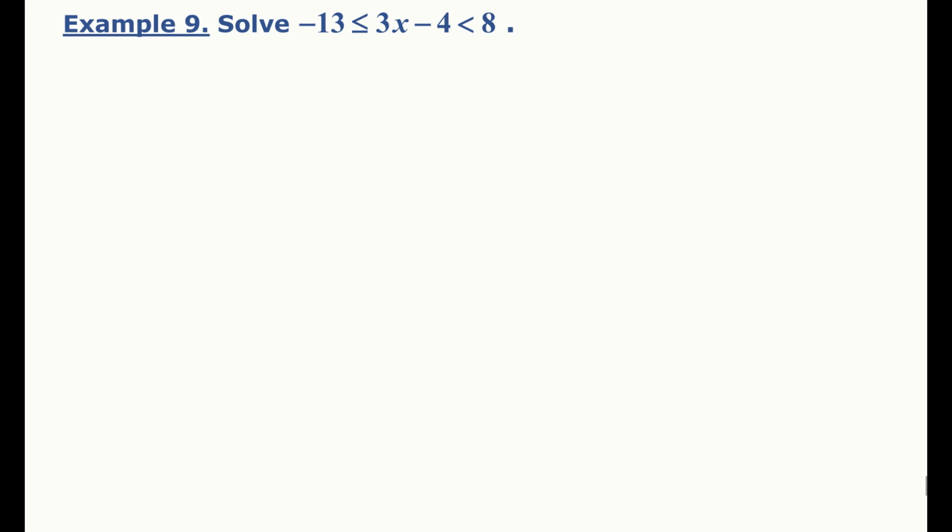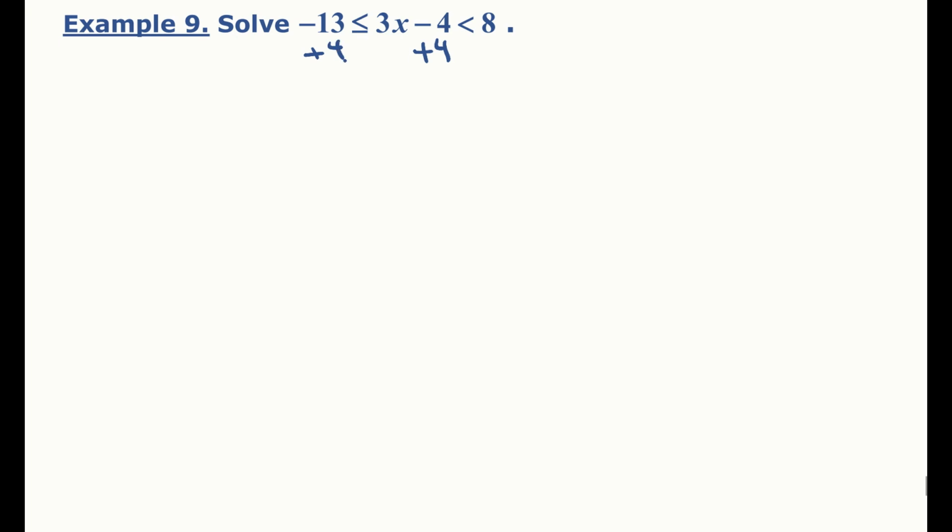All right, so our task is to go ahead and solve for x. So we're going to want to isolate this x term here. So first we'll go ahead and get rid of this -4, which of course would entail adding 4 to the middle part. And remember, whatever we do to one part of a 3-part inequality, we have to do to all 3 parts.